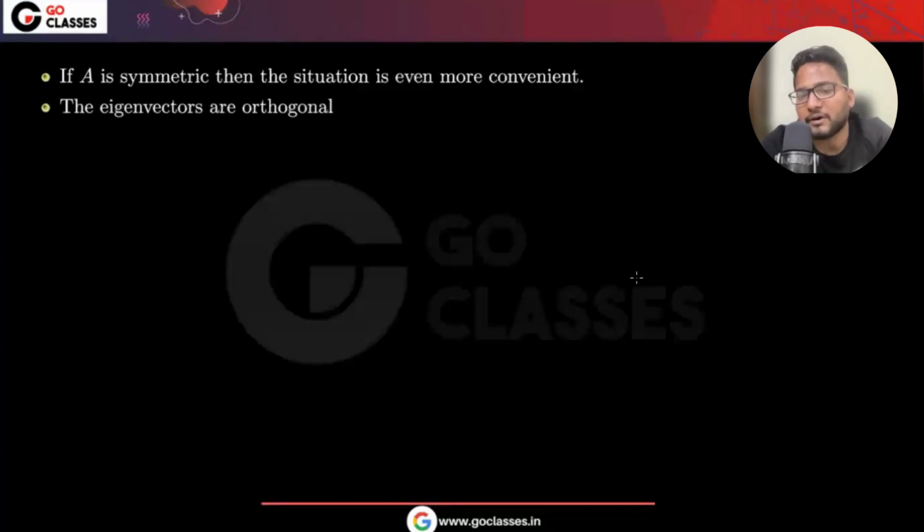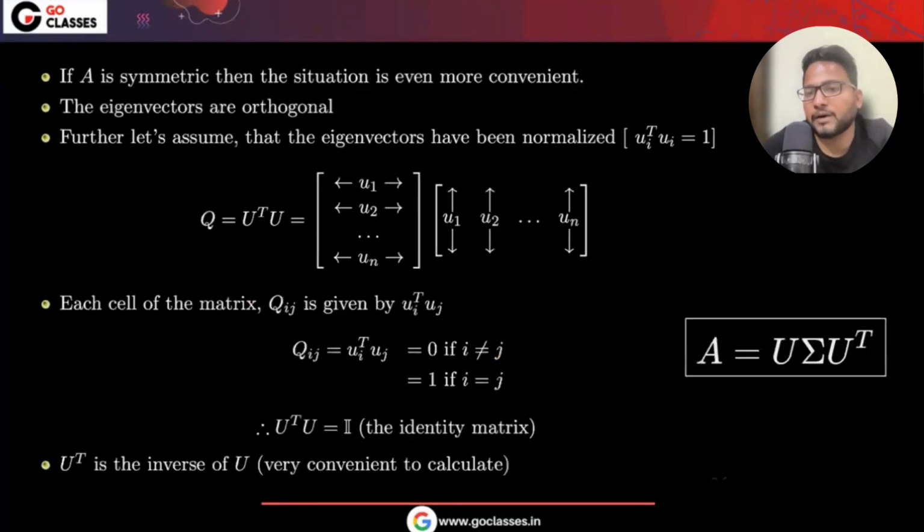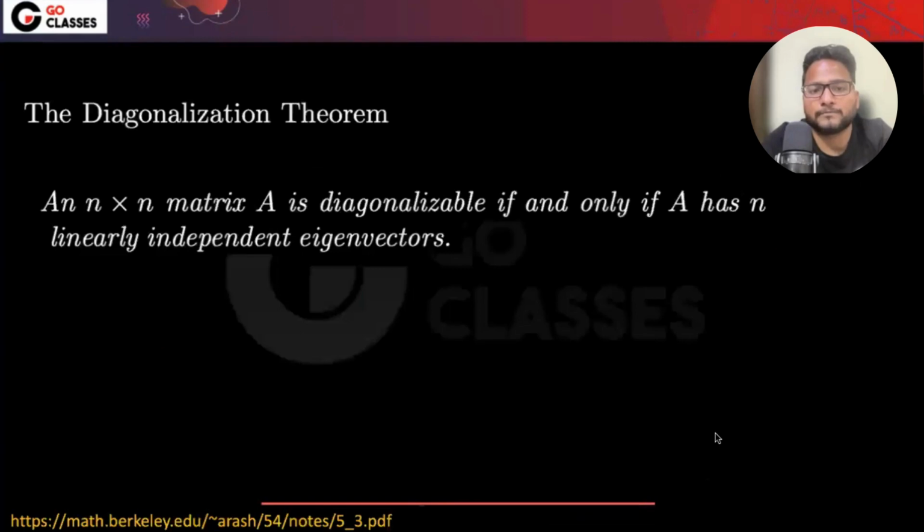The reason is that eigenvectors are orthogonal, and if we normalize them, which is just a division by some norm, making them orthonormal, then instead of writing U inverse, you can write U transpose also. That also works. This is just one piece of information. We will see the questions, and after that it will be more clear.